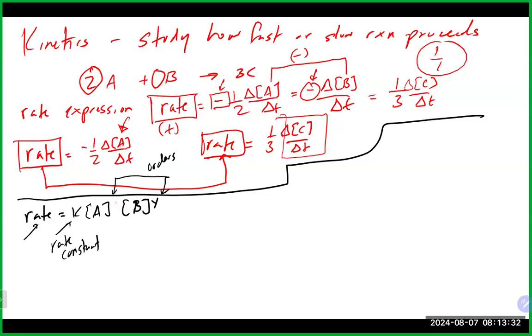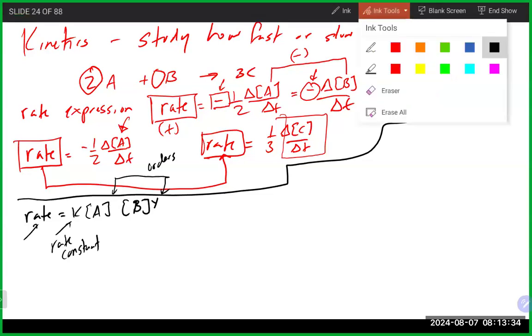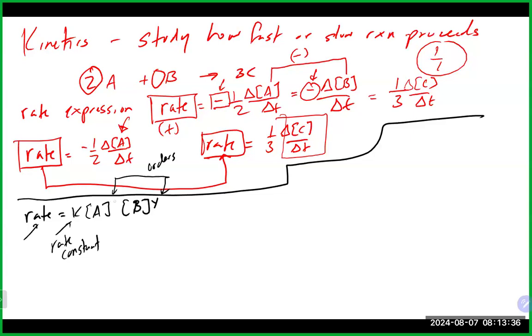Now, the rate law is something that is always found experimentally, and the orders are not the coefficients from the balanced equation. That usually means that in these problems, you have a table with a number of experiments listed.